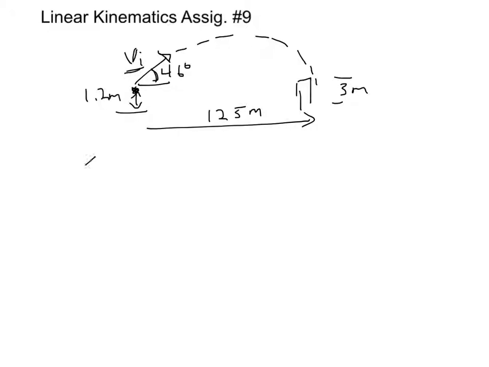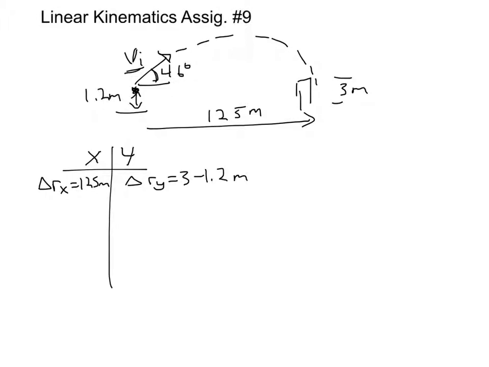A good place to start is to write out everything we know in both the x and the y directions. We know that the baseball travels 125 meters, so delta Rx equals 125. We know that the change in height of the baseball, so delta Ry, is equal to 3 minus 1.2, which gives us 1.8 meters.